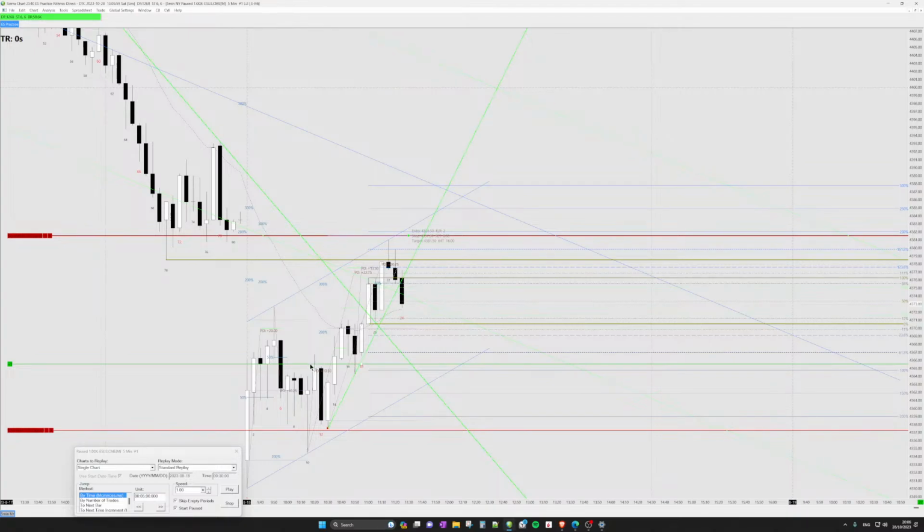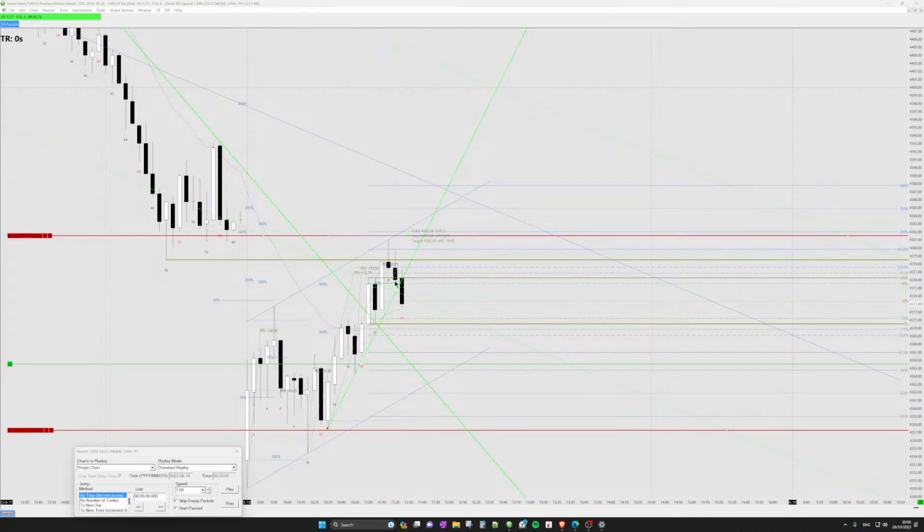From our entry, so you can take the 50% over here. There, okay. Yeah. So the 50% pullback to break even is here, and trapped bulls is here.